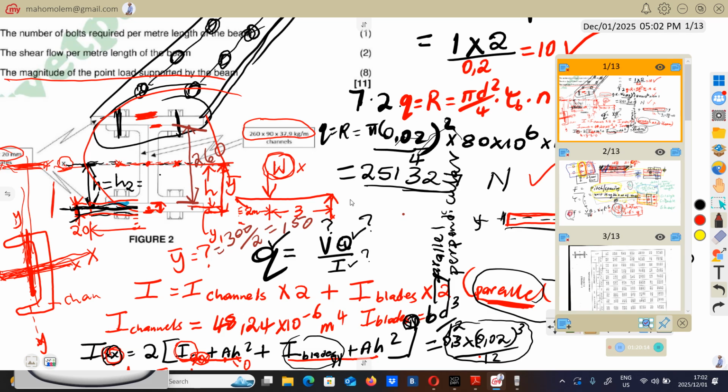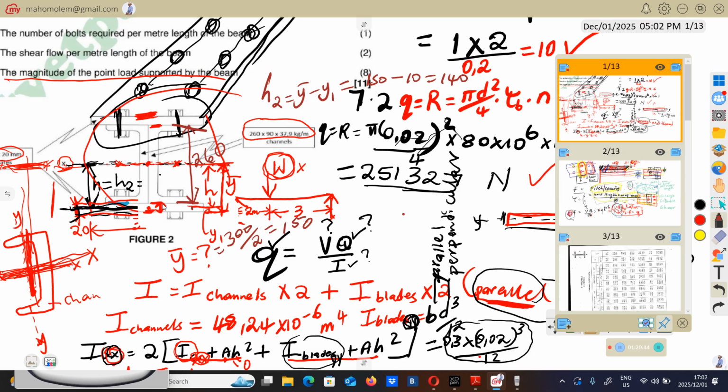Then you will say 150 minus 10, y bar minus y1. Remember I said this thing will be given by y bar minus y1. You can say it's h2. h2 equals y bar minus y1, which is 150 minus 10, which is 140.